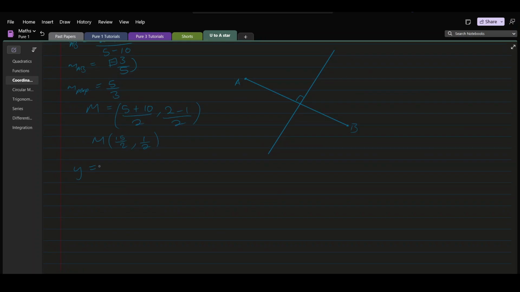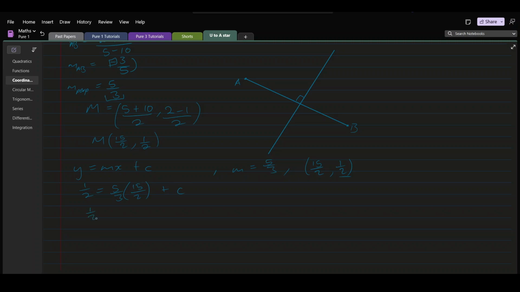Now we can use y equals mx plus c, where m is equal to our gradient over here, 5 over 3, and then our perpendicular bisector is passing through the point (15 over 2, 1 over 2). So y here is a half, so half is equal to m, which is 5 over 3, times x, which is 15 over 2, plus c.